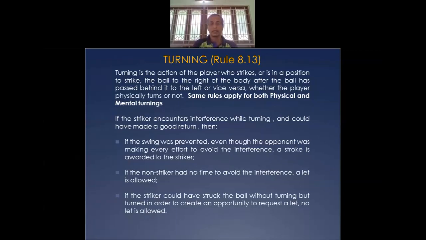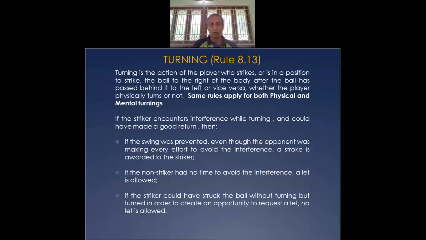Mental turning is when you let the ball pass on one side and play the ball on the other side, once it comes back from the back wall, which happens. So once you let the ball pass to your left, by then you had moved further left, and off the rebound from the back wall, if you try to play it from your right side, that is mental turning.